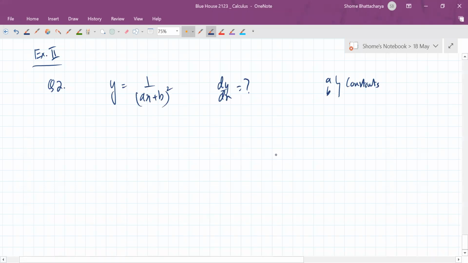So this will again be done by chain rule. We will substitute a dummy variable z as ax plus b. So y becomes this.